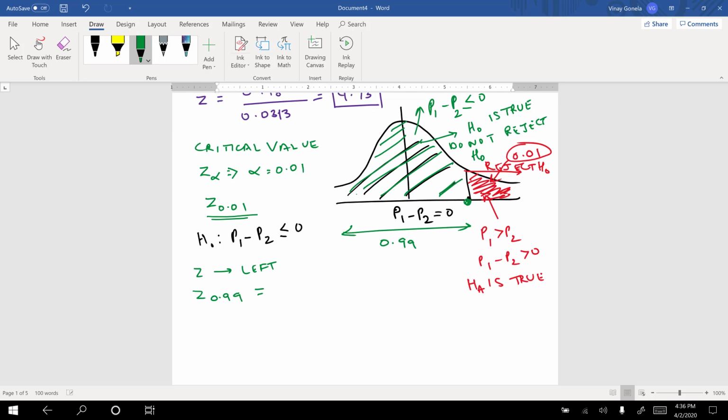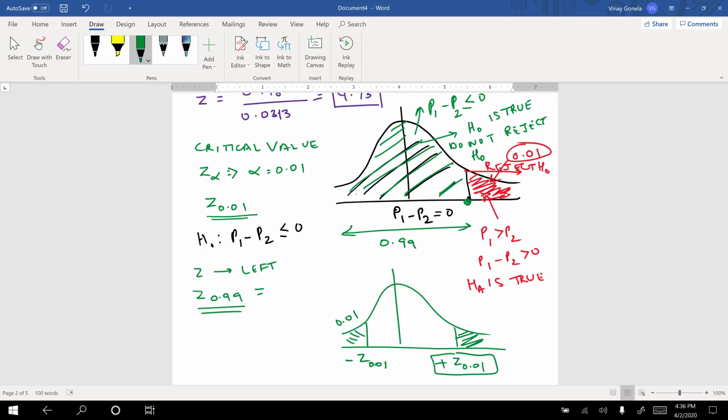The other way to get this is, when you look at z at 0.01, you will get a negative value. You can just convert it into positive. Both will give you the same z, 0.99 and then this positive 0.01.